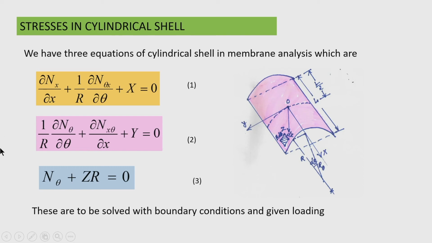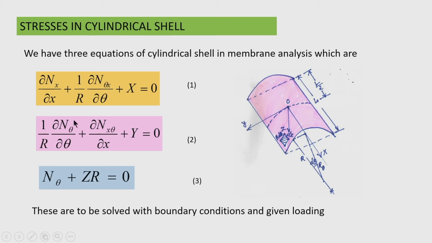The second equation is (1/r) ∂n_θ/∂θ plus ∂n_xθ/∂x plus Y equal to 0. The third equation is n_θ plus z r equal to 0. You may note here that we are dealing with 3 unknown quantities.